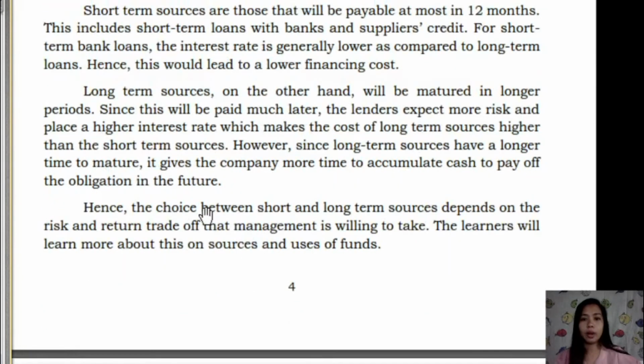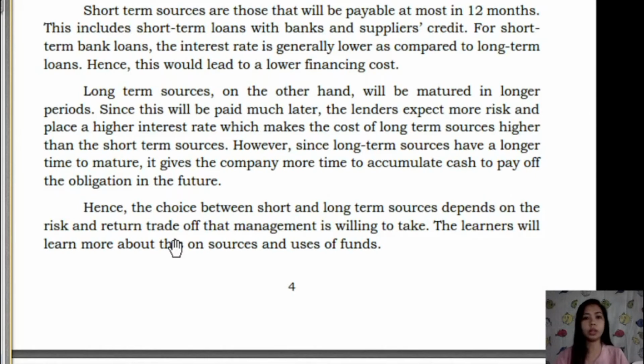So, hence, the choice between short and long-term sources depends on the risk and return trade-off. If gagamit tayo ng long term, we have to make sure na mas malaki din yung magiging profit na pabalik sa atin gamit yung inutang natin sa long-term sources.